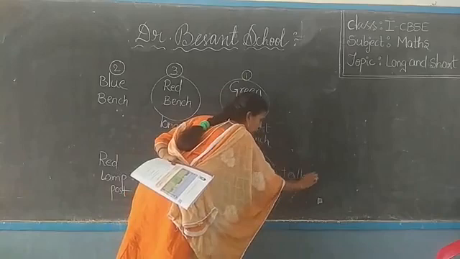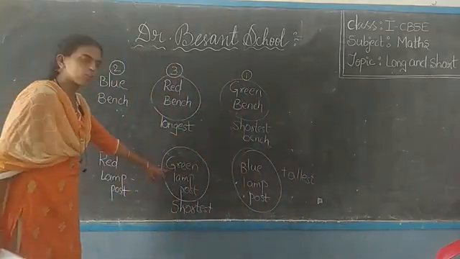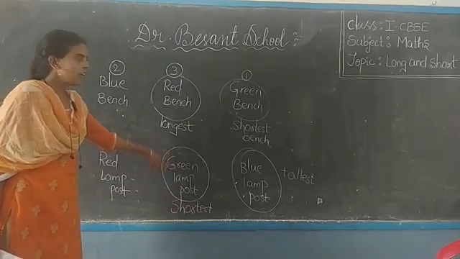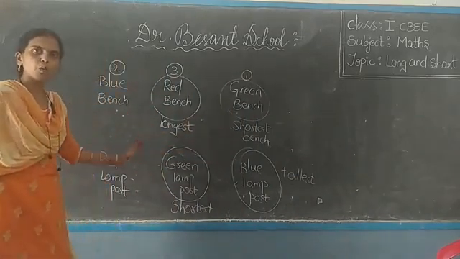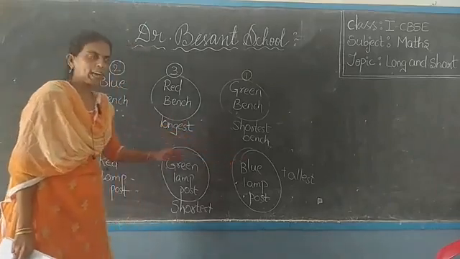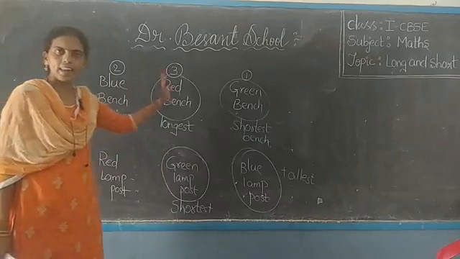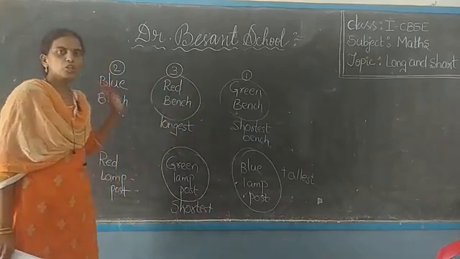So tallest lamp post is blue color and the shortest lamp post is green color. Here we are comparing the heights, so we use the word shorter and tallest. When we are comparing the length, we use the word long or short.